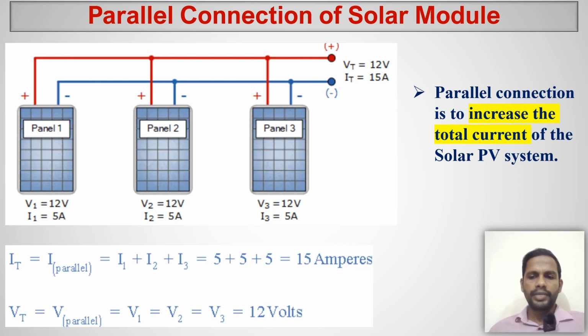So we can simply understand, if you want more total current as an output from this entire solar PV system, we need to go for more parallel connections. Earlier we said that if we want more voltage, we go for a series connection. If we want more current, we go for a parallel connection.